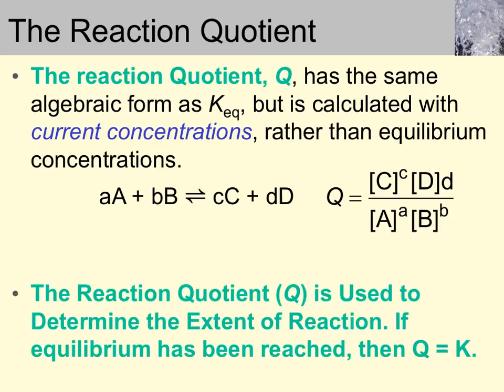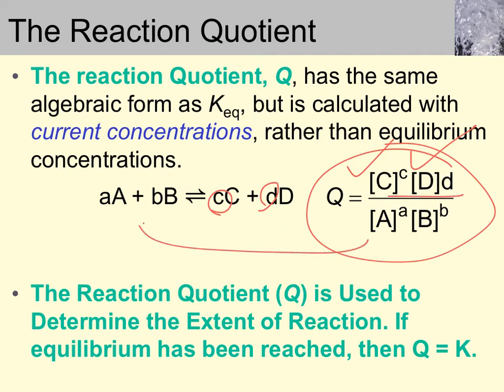The mathematical formula for Q is the exact same as it is for K. So it's concentration of products raised to the power of their coefficients divided by concentration of reactants raised to the power of their coefficients.